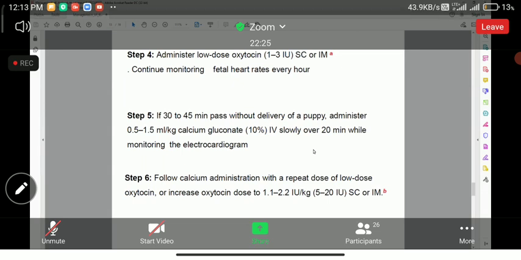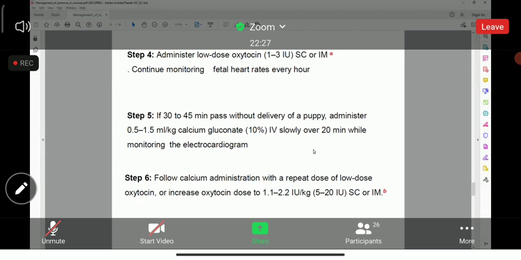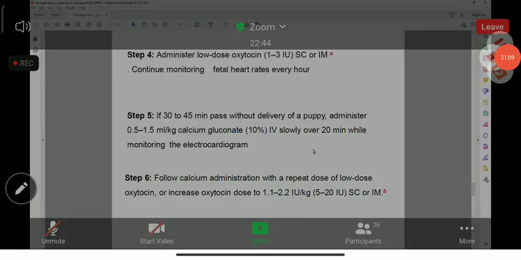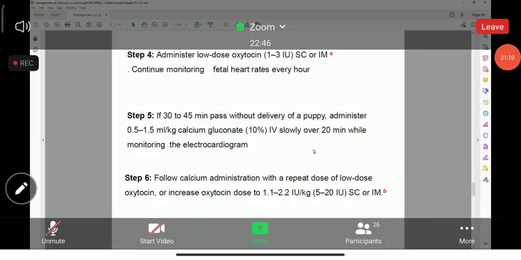Suppose the owner said that yes, he or she has seen the greenish or pinkish normal discharge, it means the cervix is open. Or if he or she says that yes, it delivered one pup 2 or 3 hours or 4 hours back, then you will be sure that yes, the cervix is open.